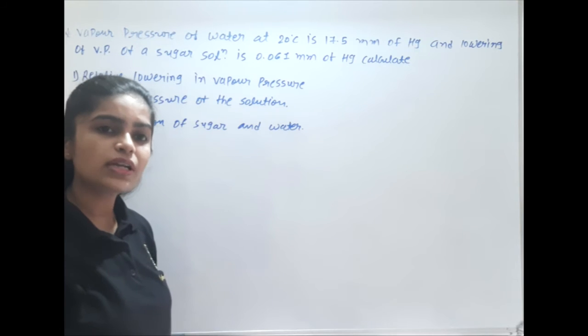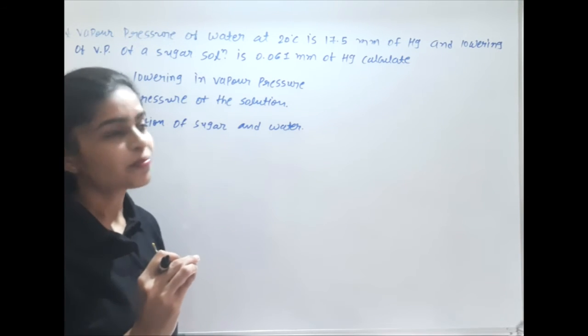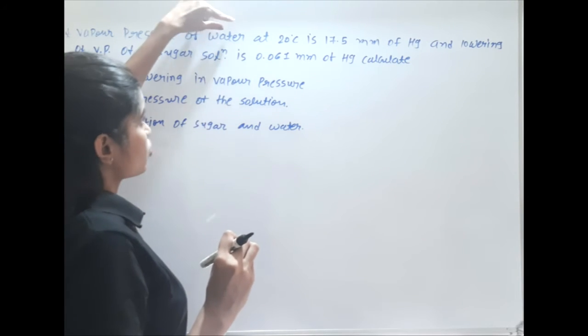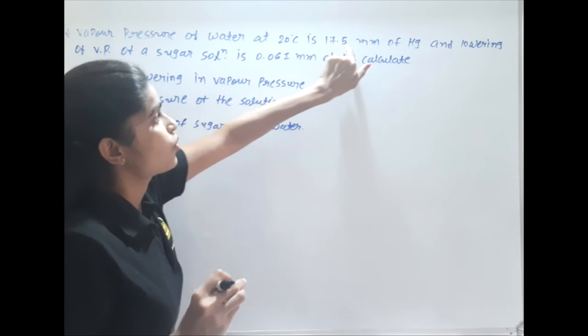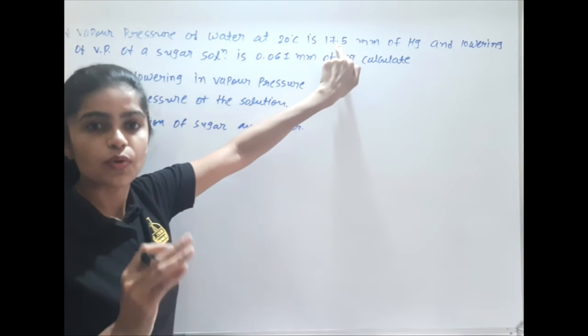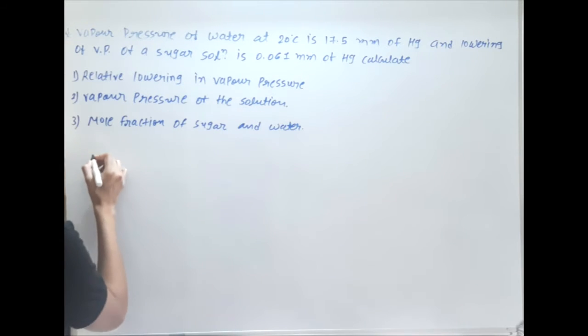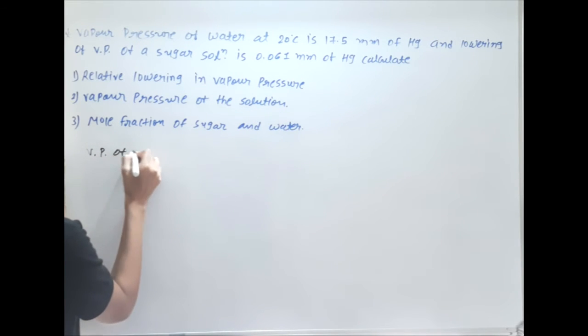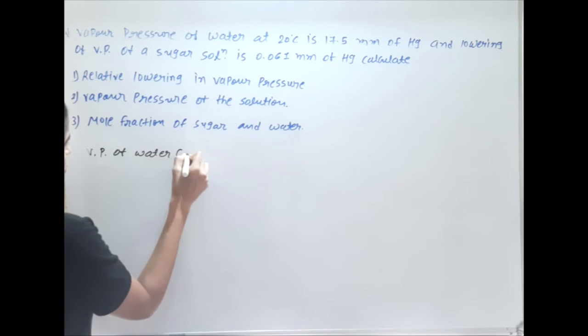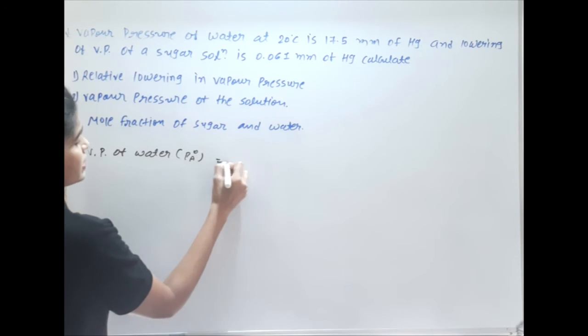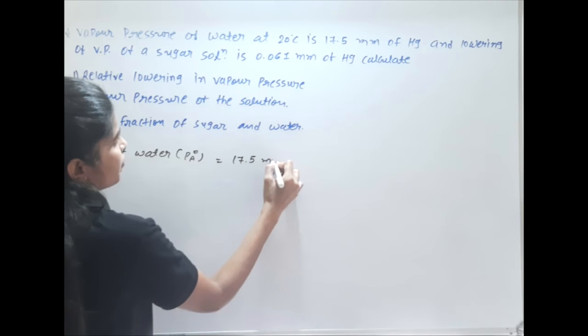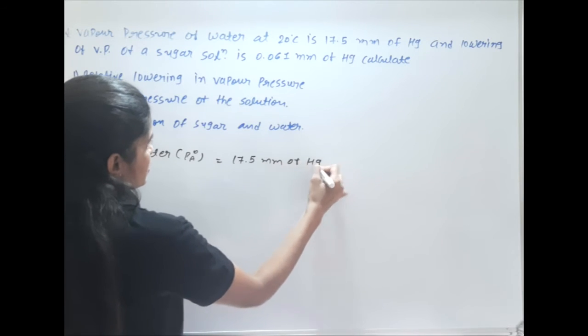Sugar is the non-volatile solute and water is the solvent. The given pressure is the pure solvent pressure. So the vapor pressure of water, PA0, is equal to 17.5 mm.